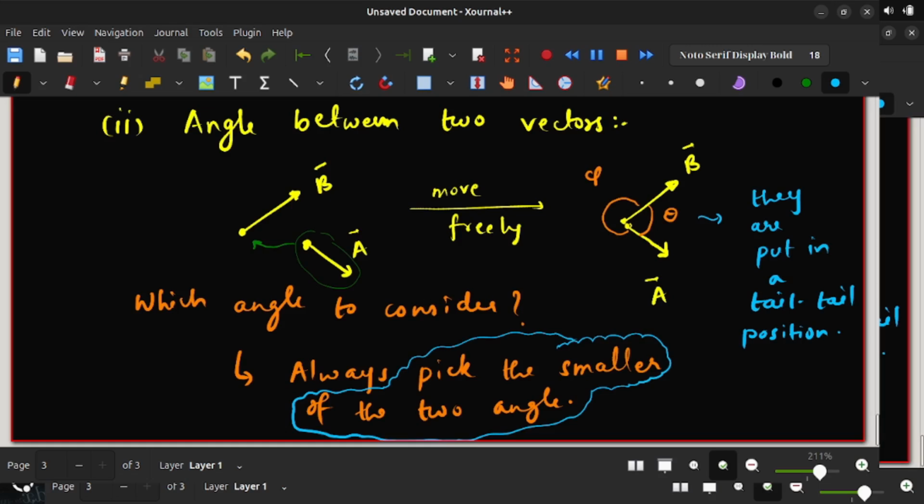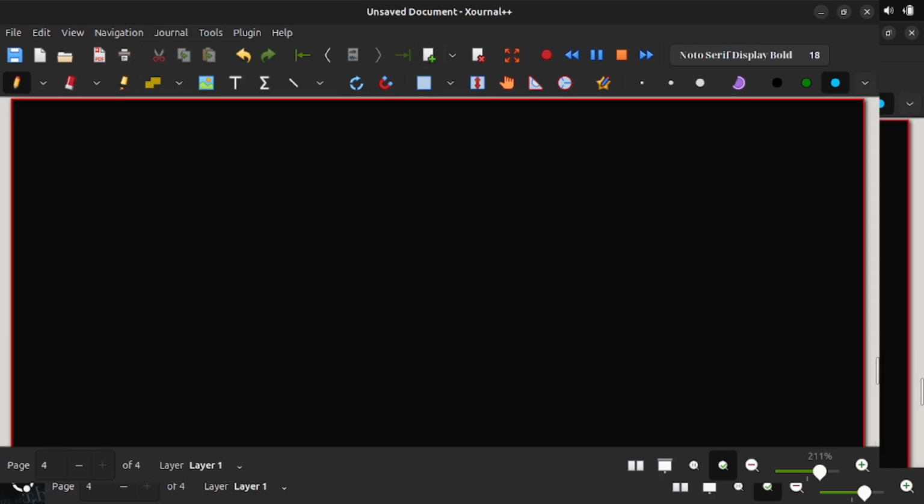Let me give you an example and then it will be clear to you. You have a vector like this, A vector. You have a B vector like this.